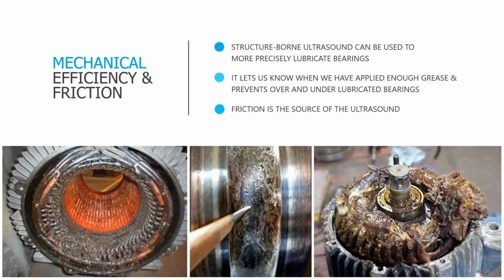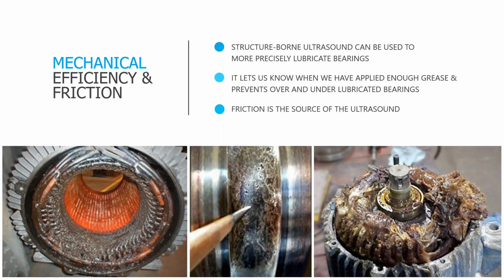They weren't the type of person that said more is better, but they lubricated the bearings on this motor based solely off of the time-based lubrication PM that they were given to do. But obviously you can see that it was too much too often. And if you look at the picture in the middle there, you start to see that scoring, that spalling there. That's directly a friction and temperature-related bearing failure mode.